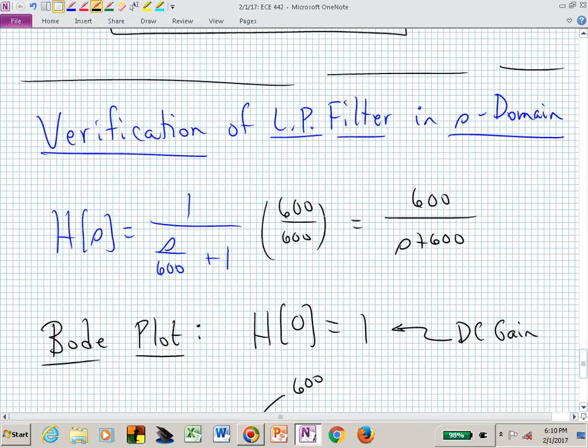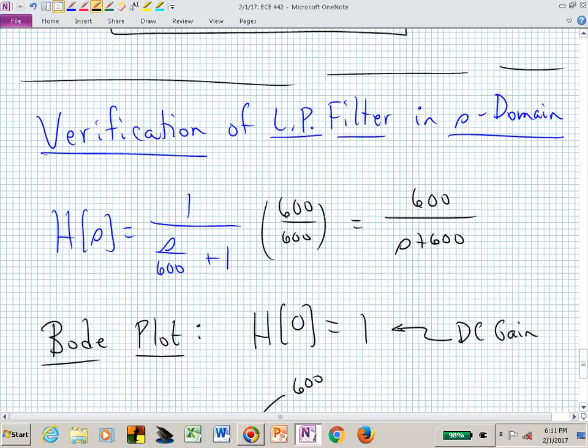Now I'm subtracting the phase of my denominator, which is 600 plus j omega, and I'm letting omega march off. That's going to produce an angle of 90 degrees, which in the denominator, when I subtract it, gives me minus 90 degrees.